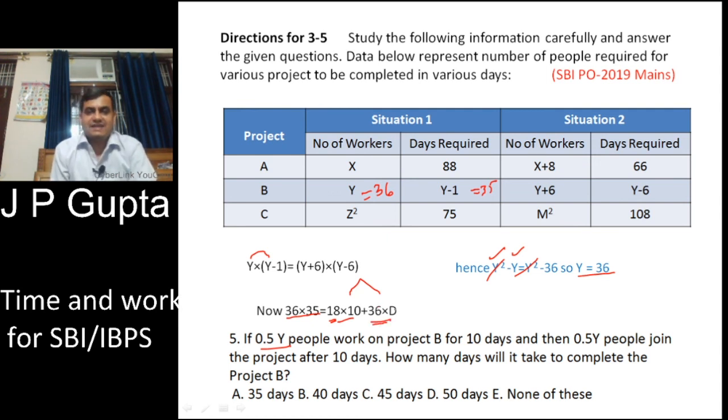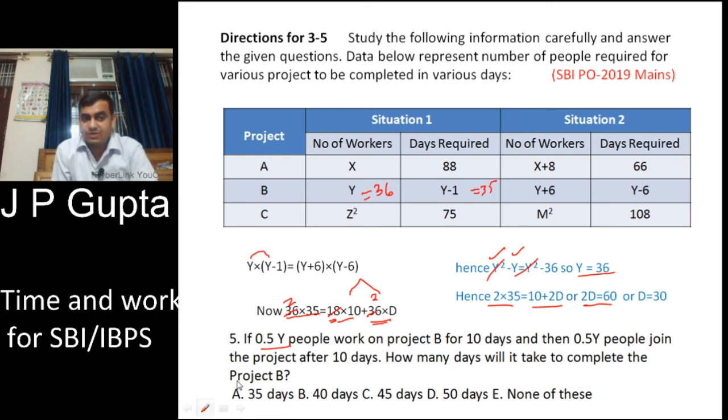So, can we say that if we take D days and again try to cancel out the things, if we observe, 18 is common on the left side as well as the right side. So, cancel 18 here, cancel 18 here 2 times, and cancel 18 here again 2 times. So, this will be like this, 2 into 35 equal to 10 into 10 plus 2D, or 2D equal to 60, or D equal to 30.